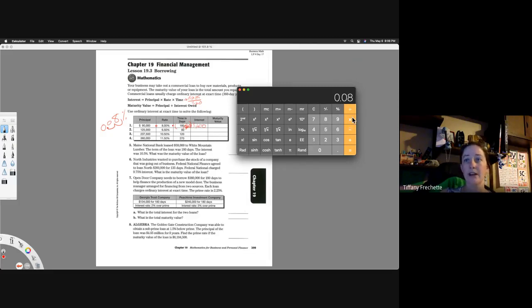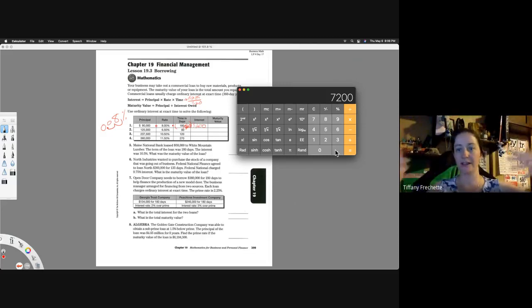What it did right now is it took 90,000 and multiplied it automatically. It just went ahead and did that calculation. Some calculators will continue to show you the whole calculation, but I know my Apple one doesn't necessarily do that. It just moves forward. And then, times 180 divided by 360, and I get my 3,600.